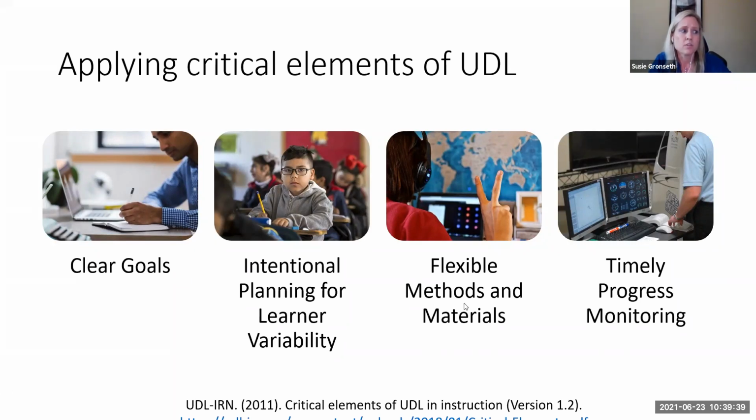I've pulled this from a 1-pager. There's research on the critical elements of UDL and instruction. I've got the link here at the bottom from the UDL IRN, as well as materials from Rao and colleagues.